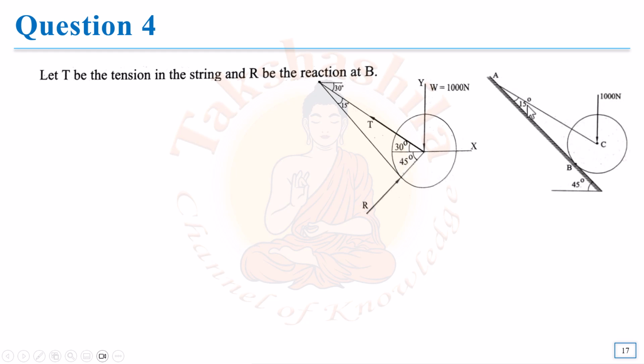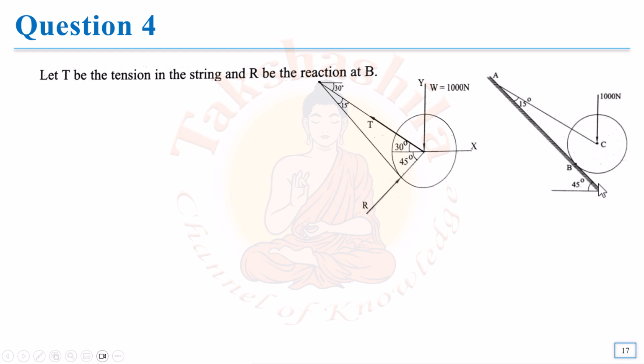Now let us focus here. In the question, they have provided this angle as 15 degrees. Suppose I am drawing a horizontal line at point A, so that this horizontal line will be parallel to this horizontal line. We already know this plane is going like this, and it is making an angle of 45 degrees here, so these two parallel lines will be cut by this inclined plane.